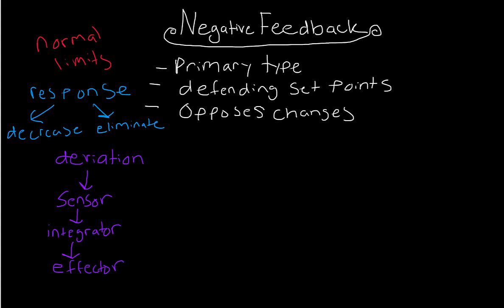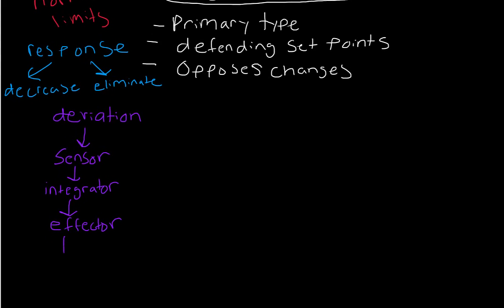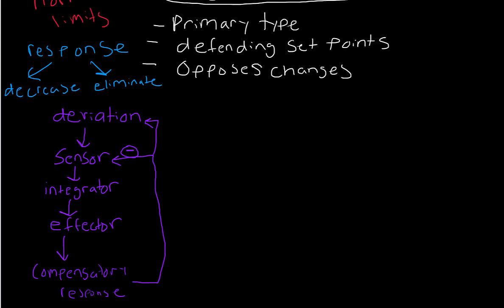And the effector will ultimately bring a compensatory response. And the compensatory response will restore the settings back to normal. And it has a negative feedback on the sensor to tell the initial change, or what's causing the change, to become relieved.